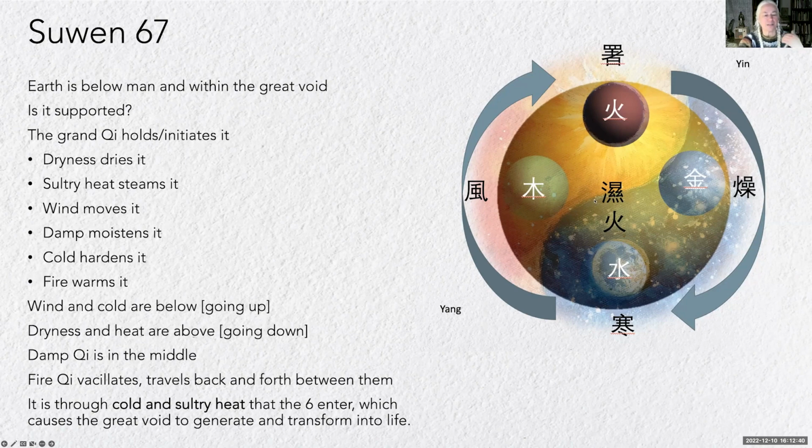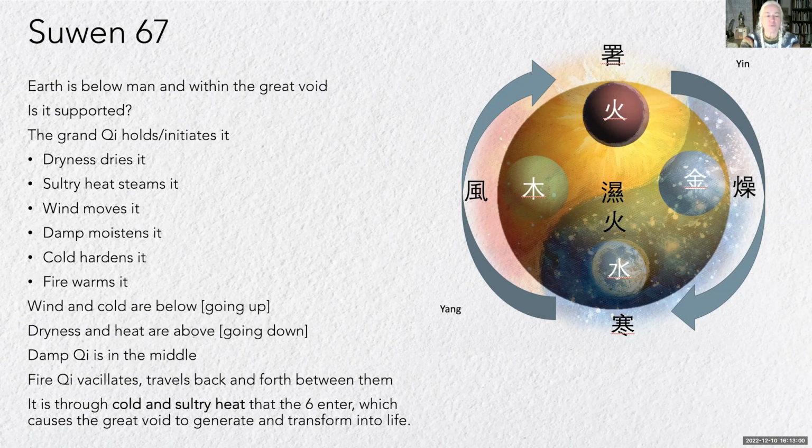And then it says that the fire vacillates and travels back and forth between them. So that really is giving us that picture of the imperial fire being above and the ministerial fire being below, and that it's the fire that circulates throughout our body.